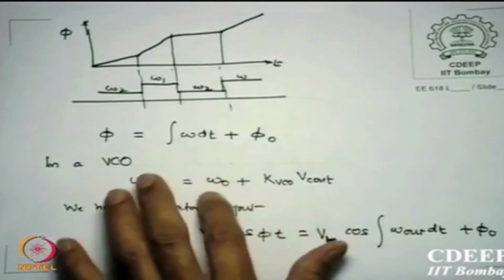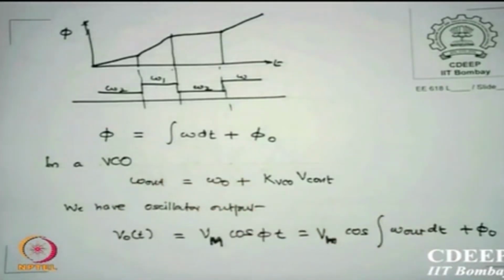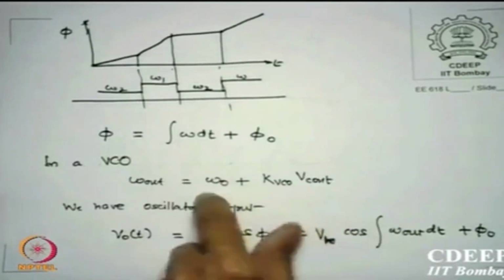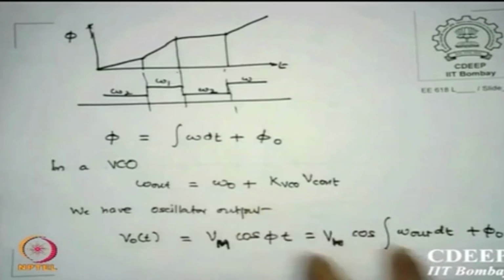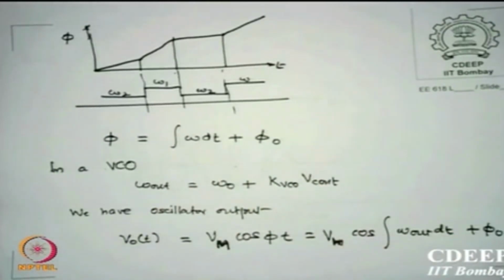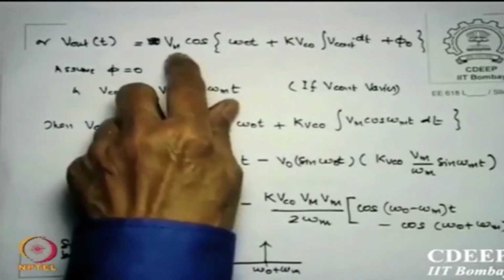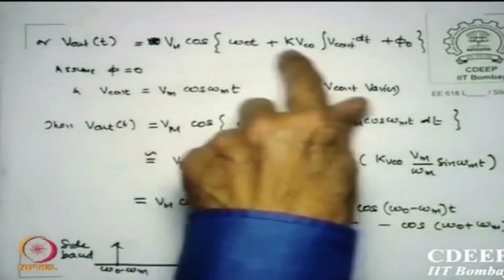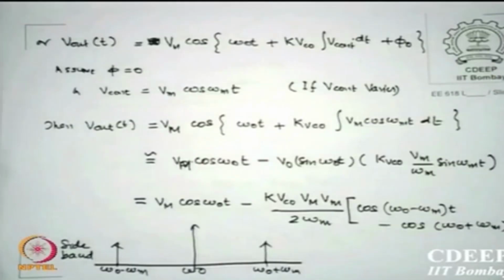Right now, if I substitute omega out in here also, I will have to write it. So if I write V capital M cos of omega 0 K VCO integral V control dt plus phi 0, this is the expression I will get for V out of t.